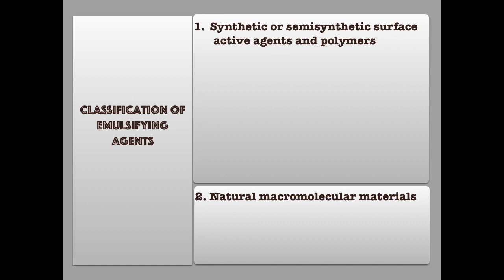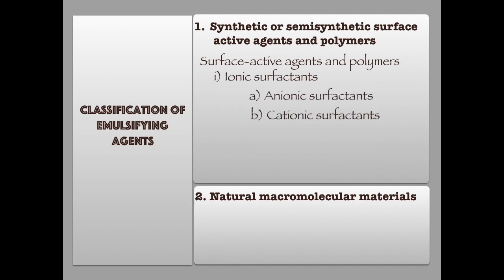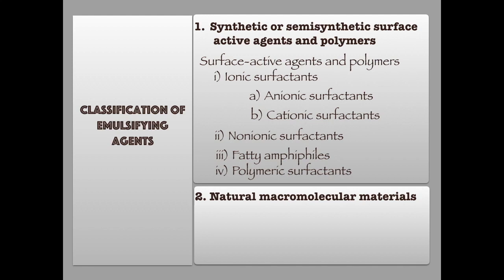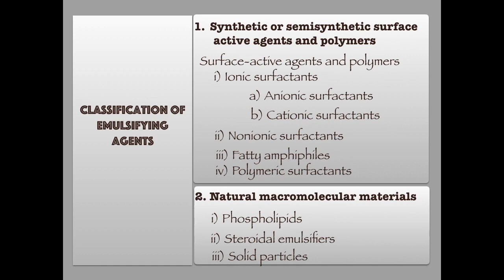Synthetic or semi-synthetic surface active agents and polymers are further classified into ionic surfactants, which may be anionic surfactants and cationic surfactants, non-ionic surfactants, fatty amphiphiles, and polymeric surfactants, while natural macromolecular materials contain phospholipids, steroidal emulsifiers, and solid particles.